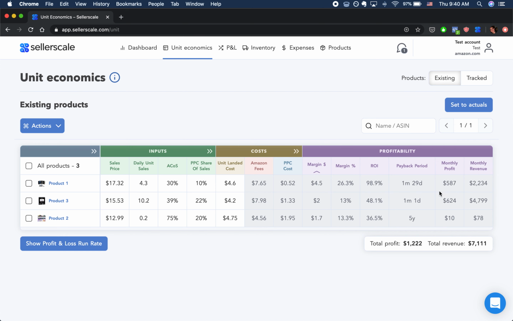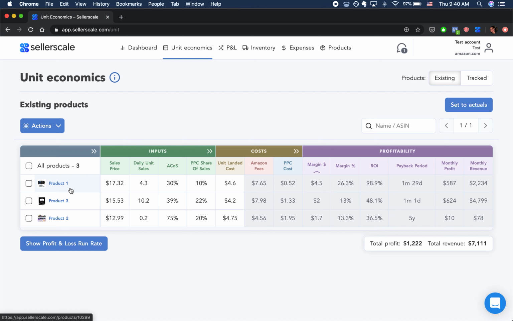So this is super useful because you can instantly get an in-depth understanding of the state of each product. And let's say you're running out of stock on product one and need to decide whether to commit another $10,000 to this product by placing an order with your supplier. Well, now you have a much more granular understanding of this product's current profitability, and you can make a higher quality decision essentially.